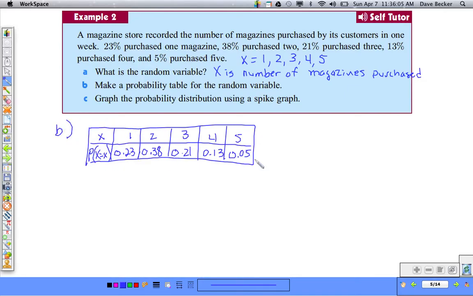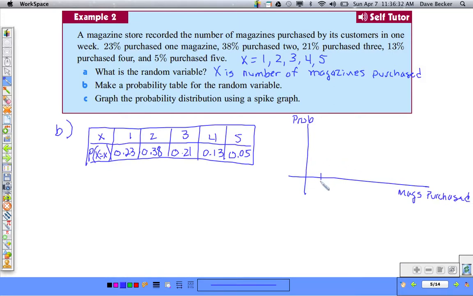Okay. And then graphing it, that could be easy. They say a spike graph. Okay, fine. So the greatest probability is 0.38, so I'll say that this is the probability axis, and this is magazines purchased down here. Very simple.